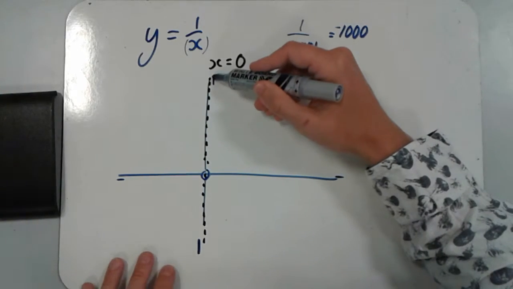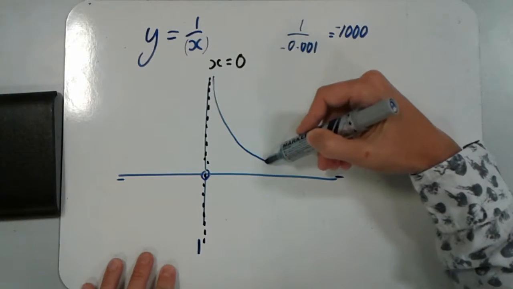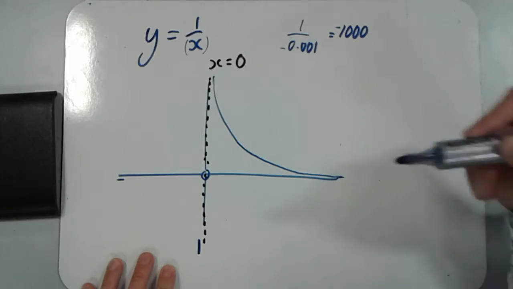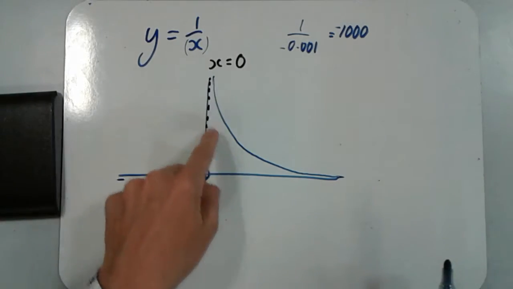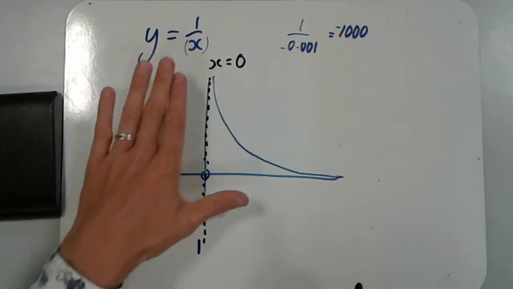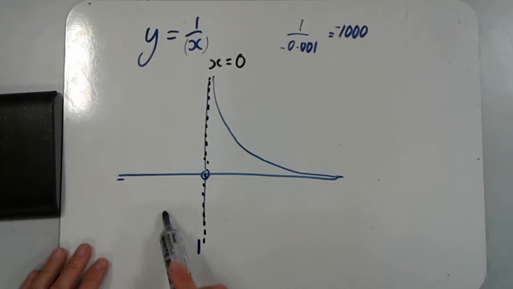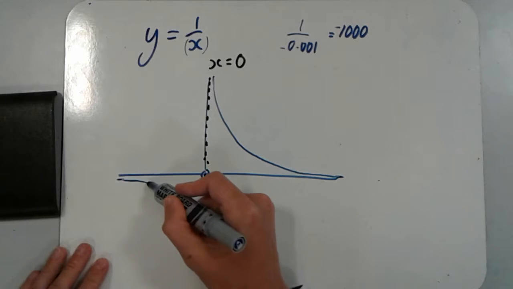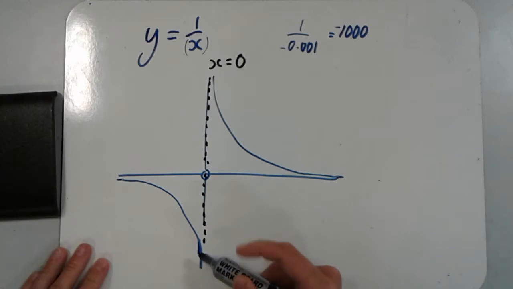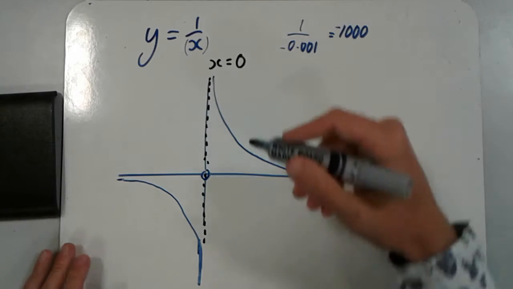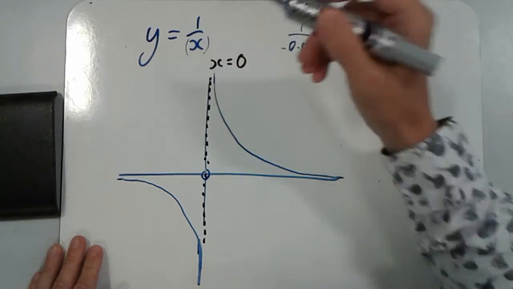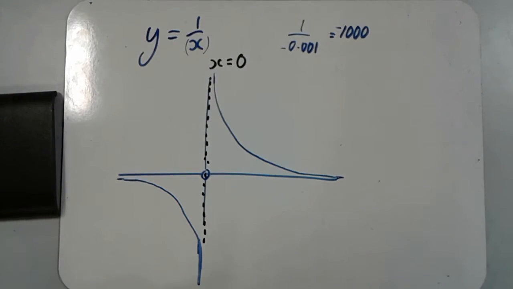Now again, we're just going to join our points with a nice smooth curve. So our graph in the positive, we call this the first quadrant, should look like this, and in the negative, second, third quadrant, it will look like that. Again, never quite reaching our asymptote, but getting as close as we want to it.